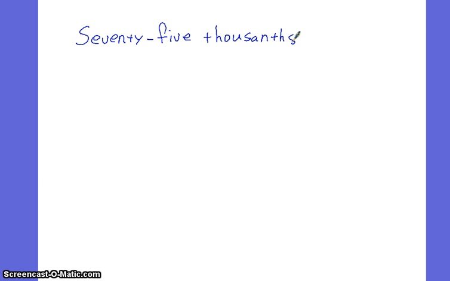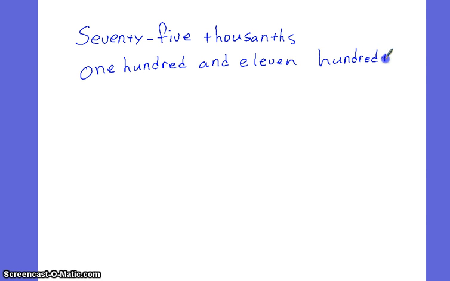And I also have 100 and 11 hundredths. Let's try to indicate where these are going to go. So let's do 75 thousandths first. Let's mark these A and B. So let's do A first.